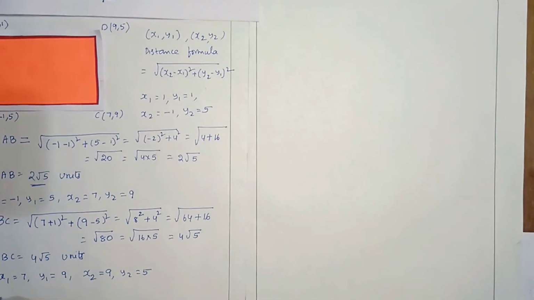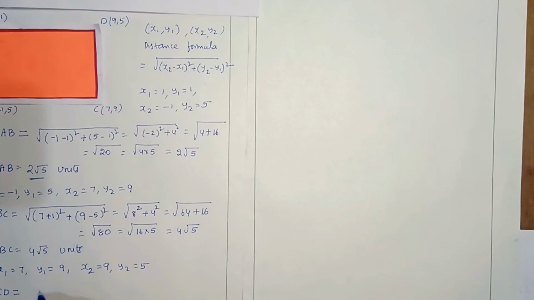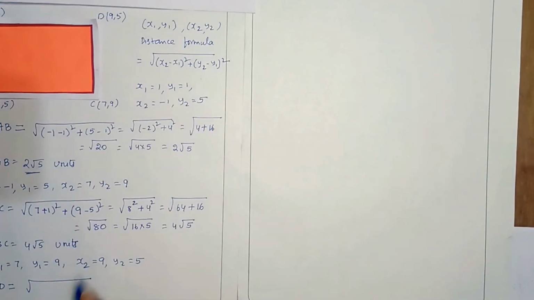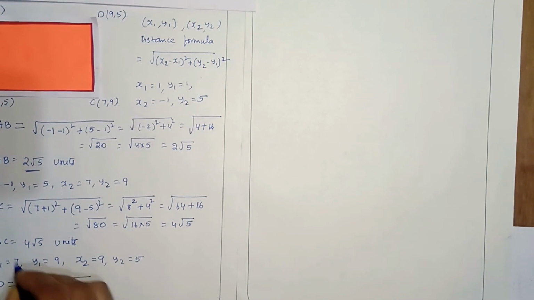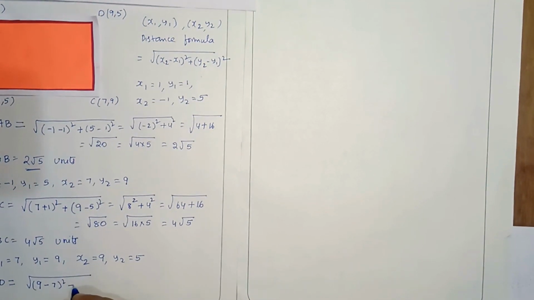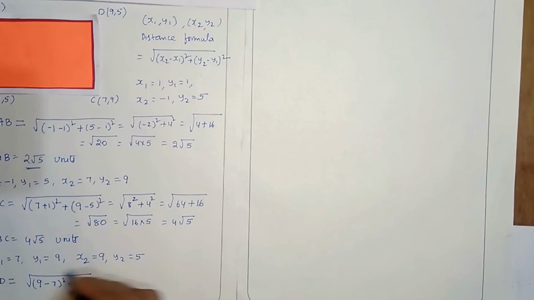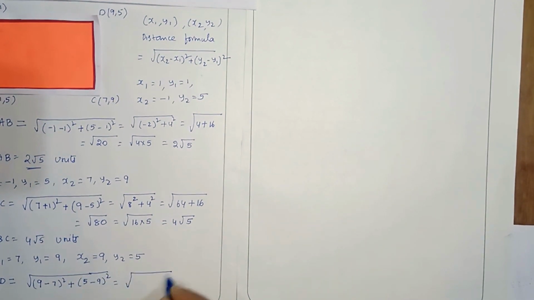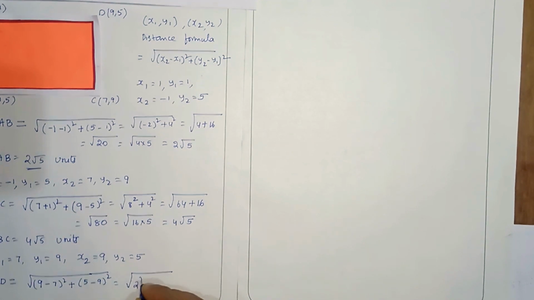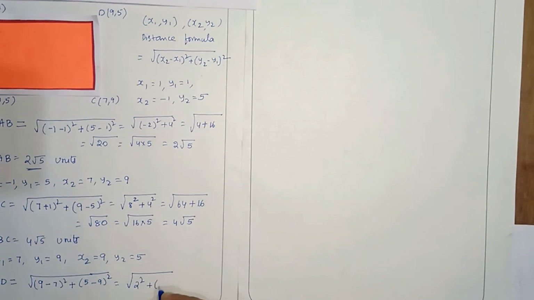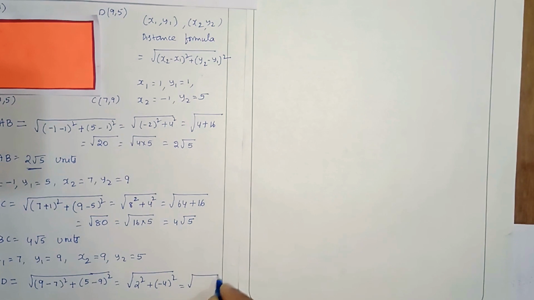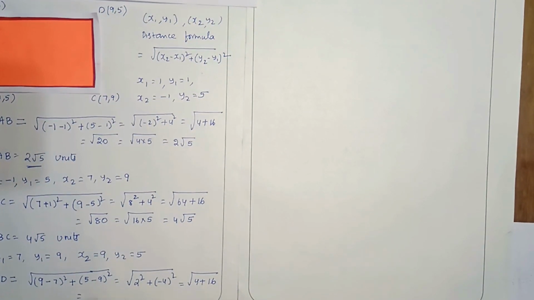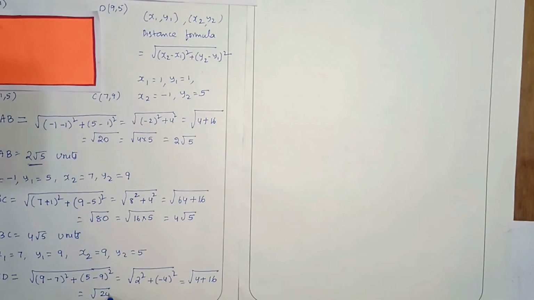Therefore, the length of CD is root of (x2 minus x1) whole square, 9 minus 7, 2 square, plus (y2 minus y1), 5 minus 9, -4 square. 2 square is 4, -4 into -4 is 16. 4 plus 16 is 20.